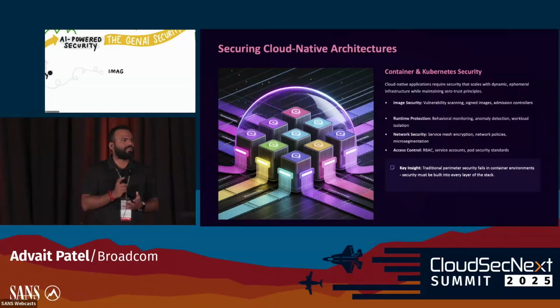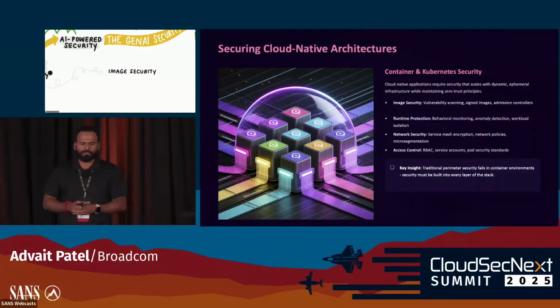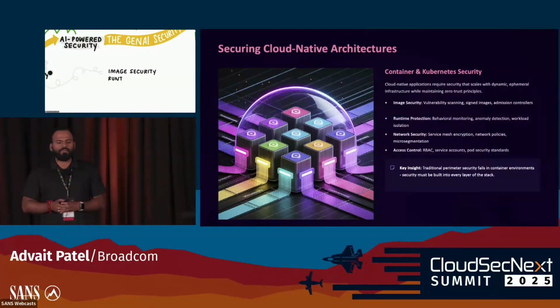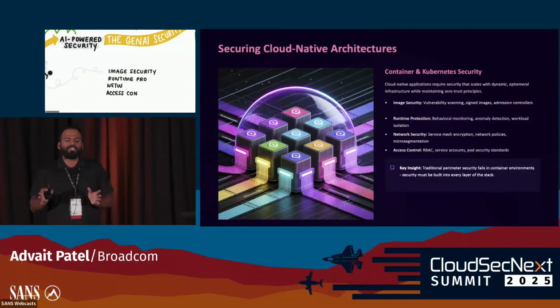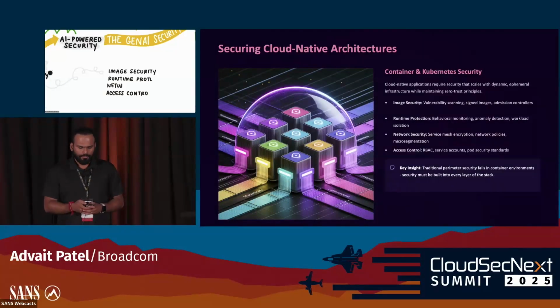You cannot just test everything in prod, but you must have different environments. That's where micro segmentation comes in. And access control. We will talk about zero trust later, but access control, role-based access, service accounts, and security standards for each pod have to be there in order to successfully secure our containers or Kubernetes environments.